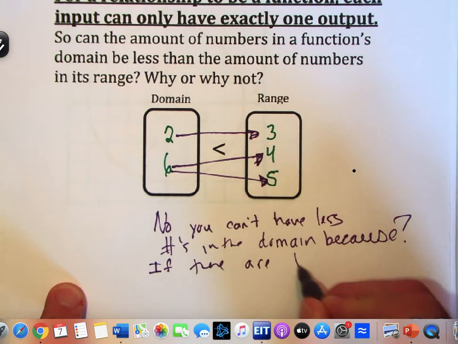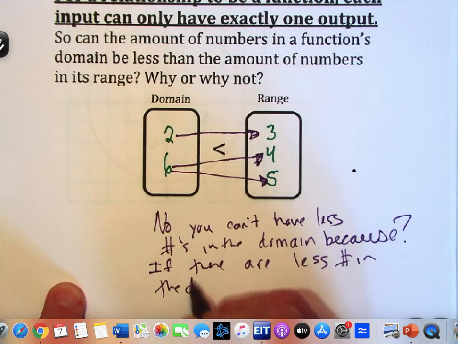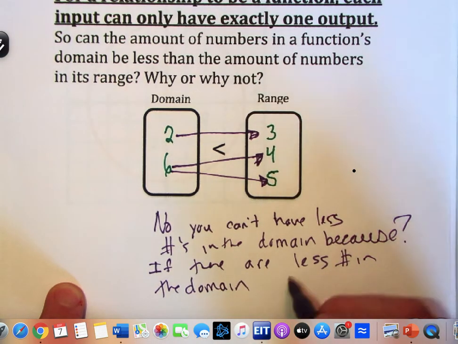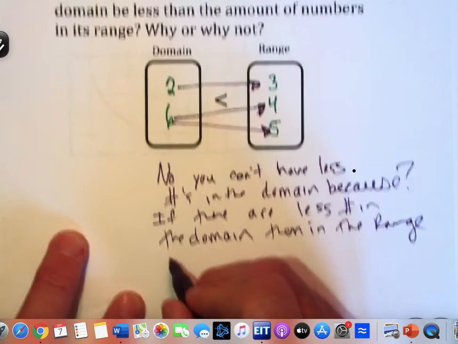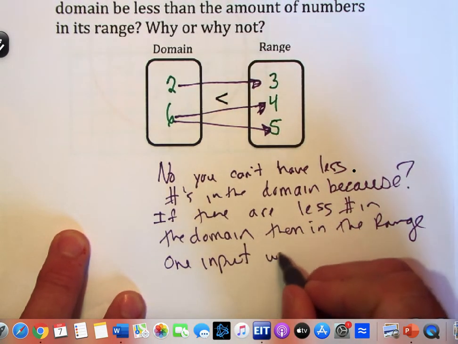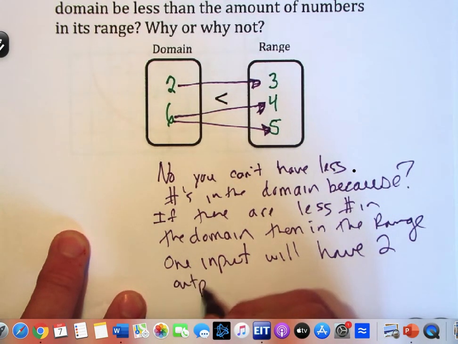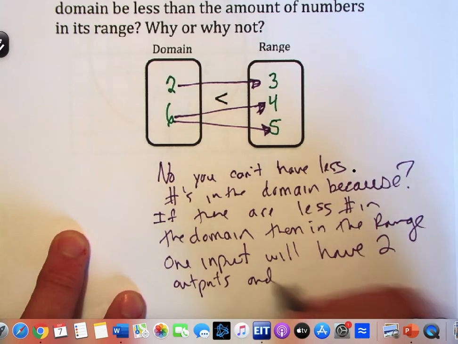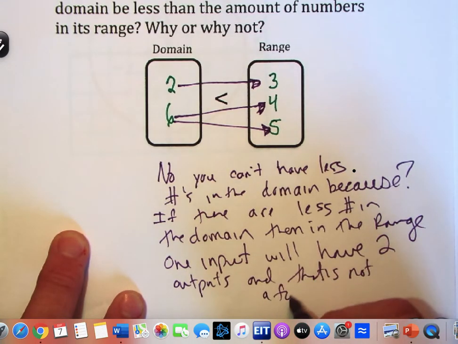So if there are less numbers in the domain than in the range, one input will have 2 outputs, and that is not a function.